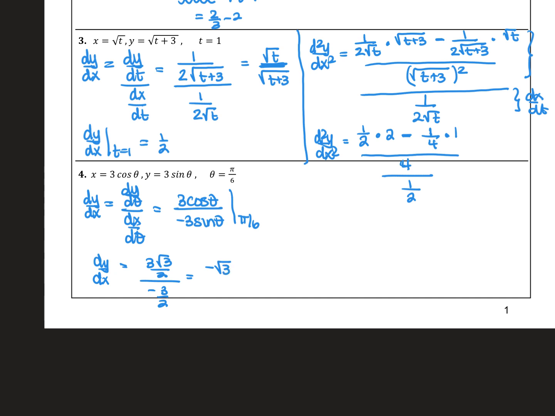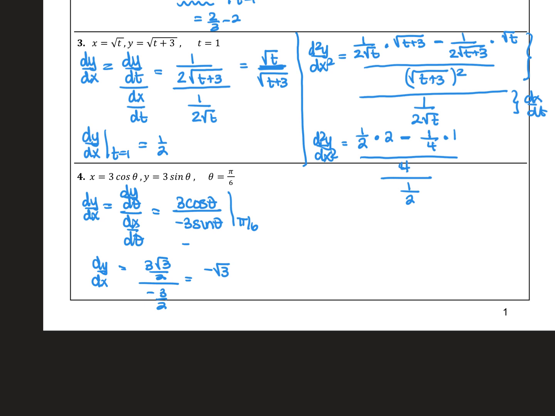And to find our second derivative, this is really minus cotangent theta. So when I do the second derivative, the derivative of cotangent is minus cosecant squared.